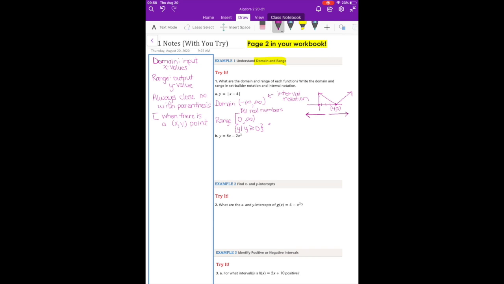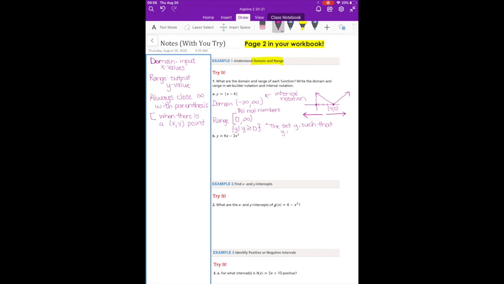So I'm going to write that out as a sentence. I'm not the fastest writer, so I apologize. Okay, so that is called set builder notation.